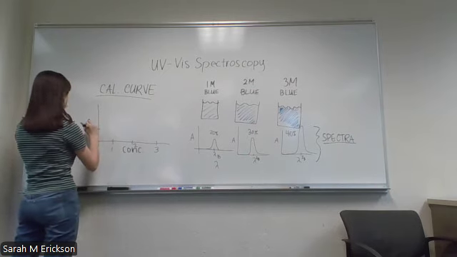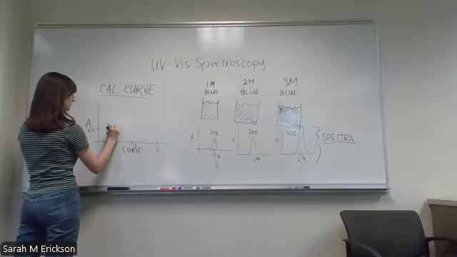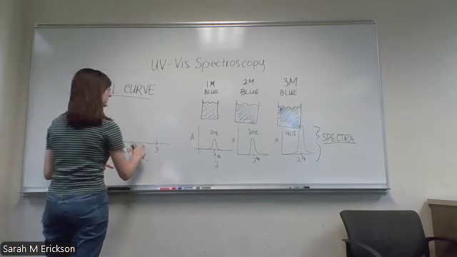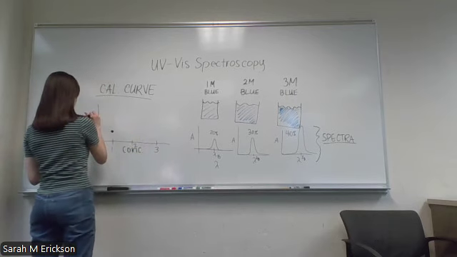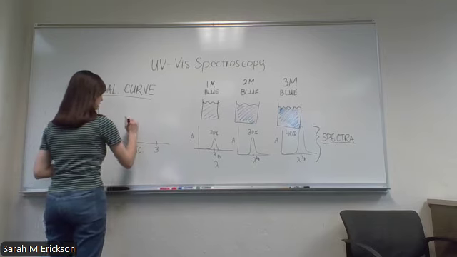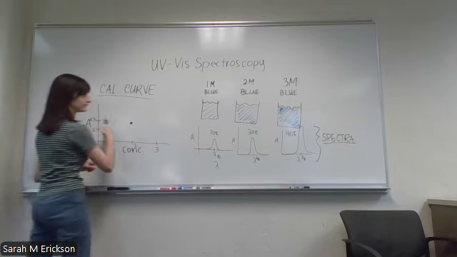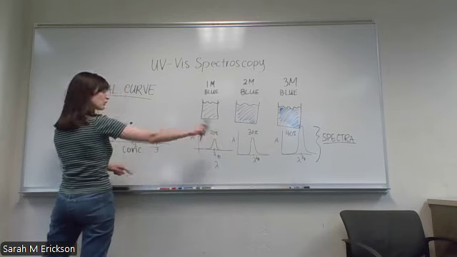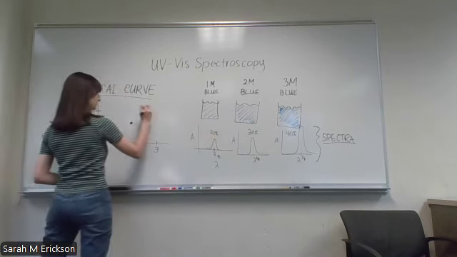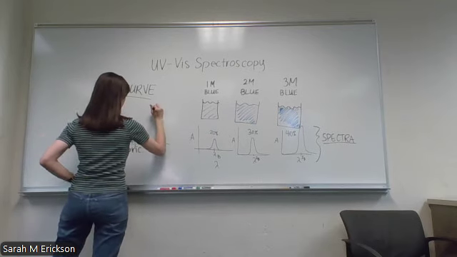I absorbed 20%. So I'm going to put a dot on my graph there. And at 2 molar, I absorbed 30%. So I'm going to put a dot on my graph at 2 and at 0.3. And then at 3 molar, I absorbed 40%. So I'm going to come and put another dot over here.